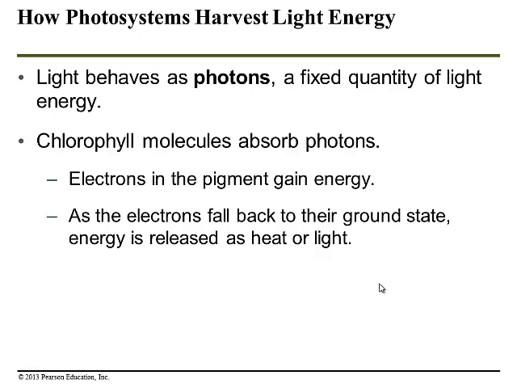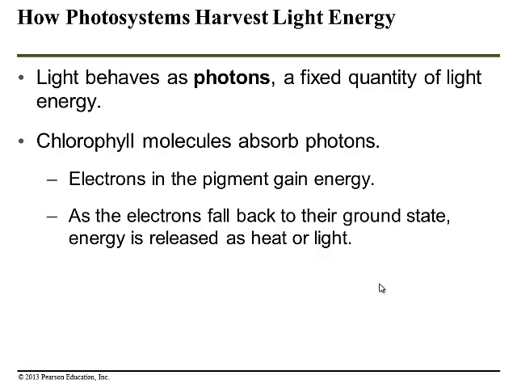So light behaves as what we call photons. And those photons are what fire off our little receptors in our retina. Again, different energy photons will fire off different receptors, and we'll see different colors. A chlorophyll molecule absorbs photons, and the electrons in the pigment gain energy and start to get bounced around.